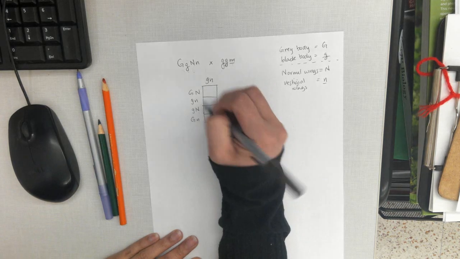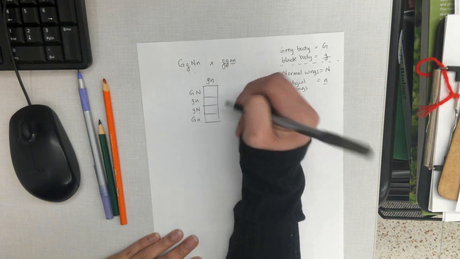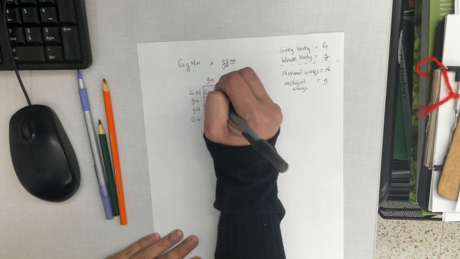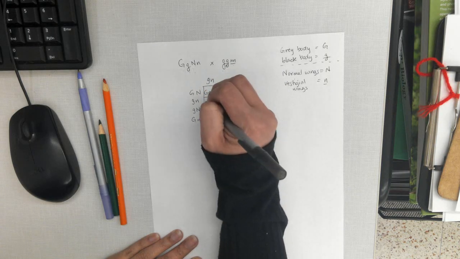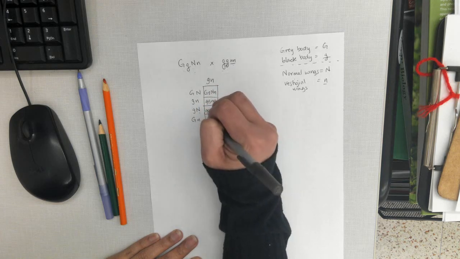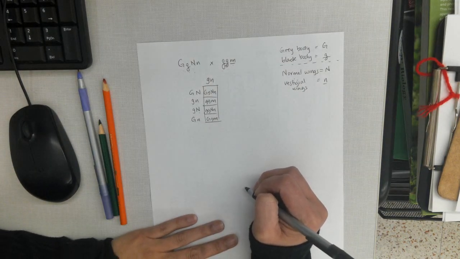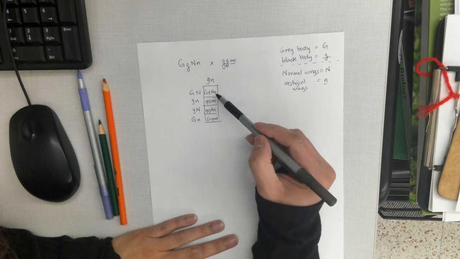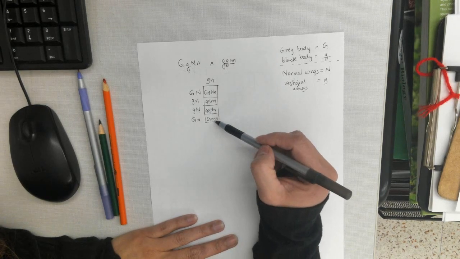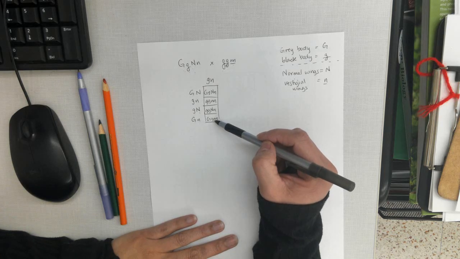Now, when we filled out this modified Punnett square, it would have these different offspring. Each one had an equal chance of turning out to be the offspring.